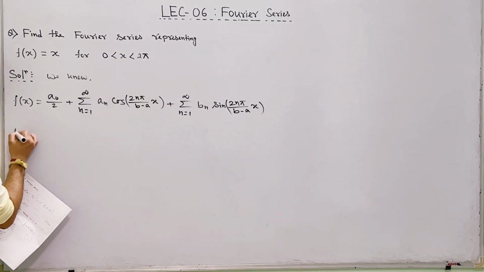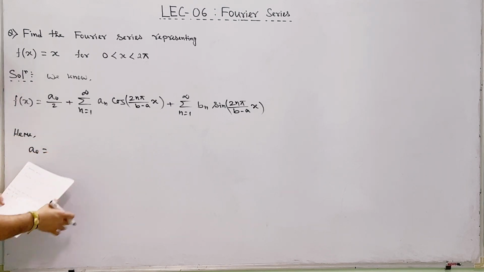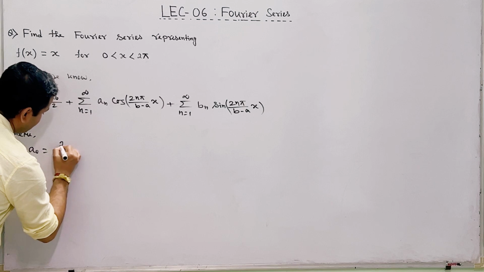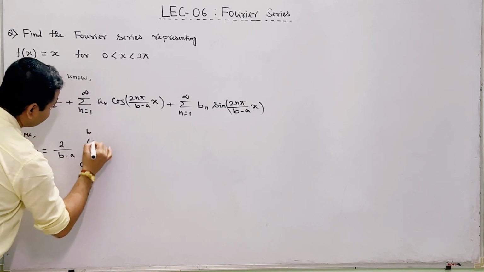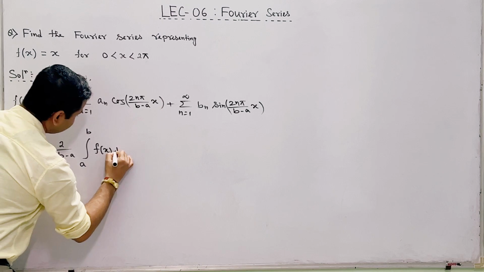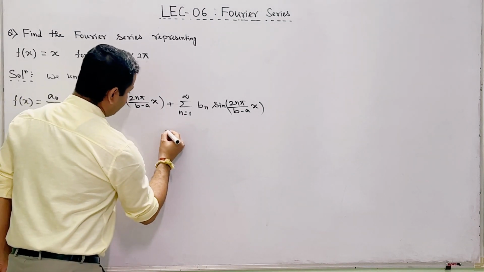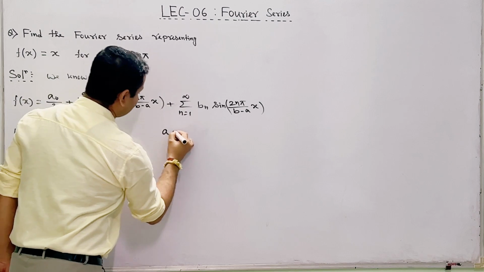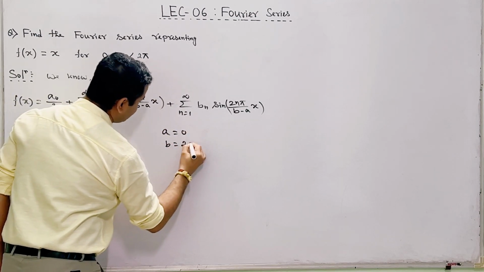So let us find out the first Fourier coefficient. Here a naught is equal to 2 by b minus a integration a to b f of x into dx. So according to our problem, the value of lower limit is 0 and the value of upper limit is 2 pi.